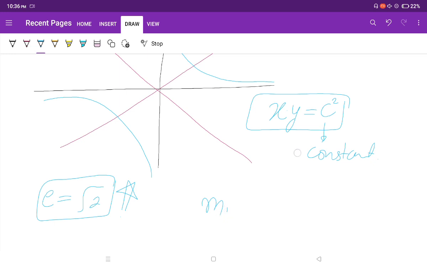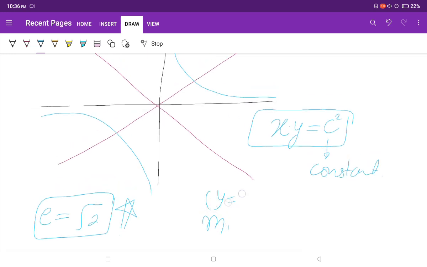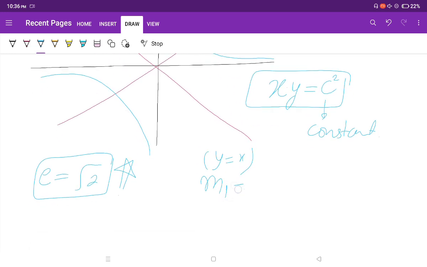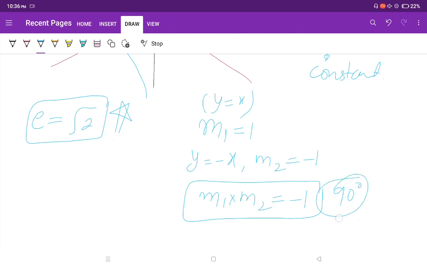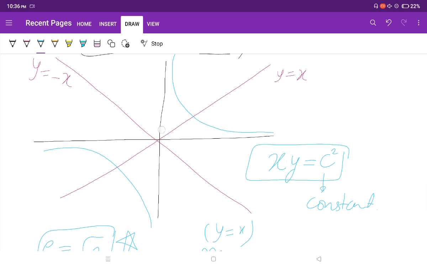The line y equals x has slope m1 is 1, and y equals minus x has slope m2 is minus 1, and we know that m1 times m2 equals minus 1 here, which is the condition for two lines to intersect at right angles, which is this angle, right? Correct. Thanks.